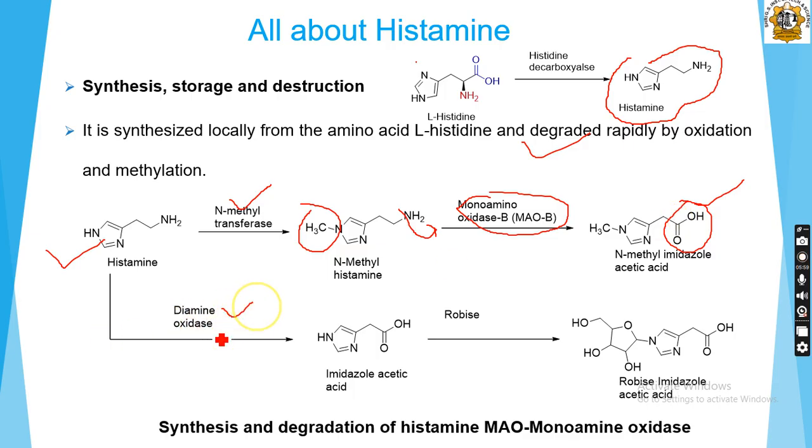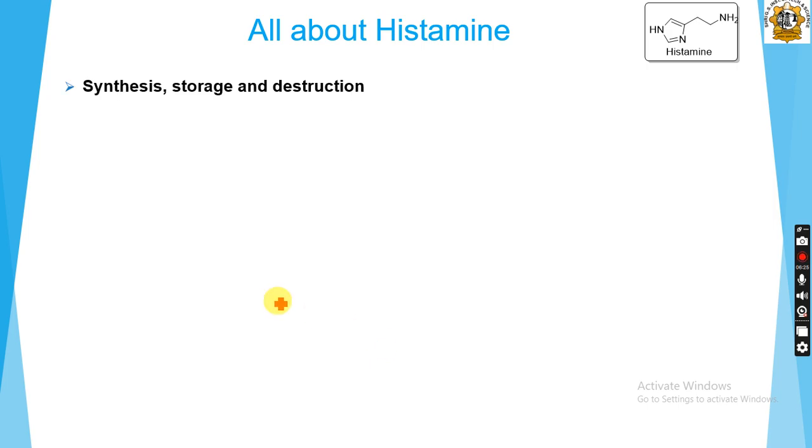Otherwise, diamine oxidase, this gets hydrolyzed here, and then ribose is added. So this is ribosyl imidazole acetic acid and N-methyl imidazole acetic acid. You'll find these byproducts in your urine and other places. So this is the synthesis and degradation of histamine.